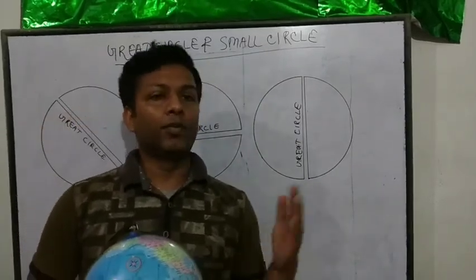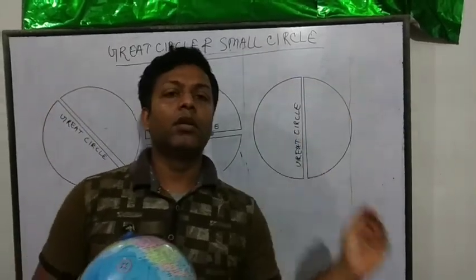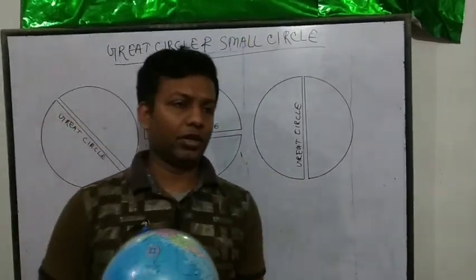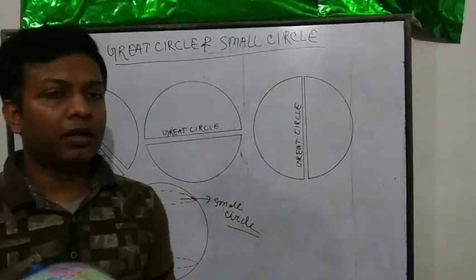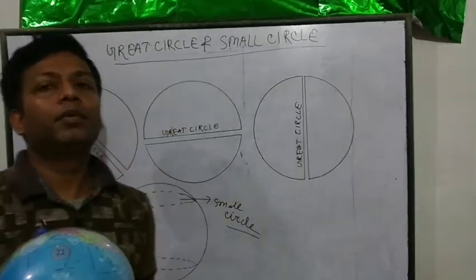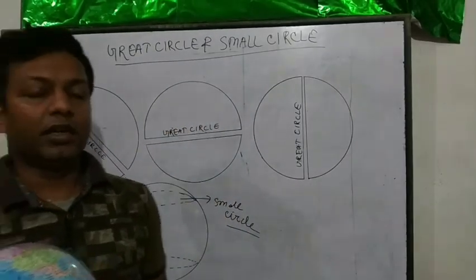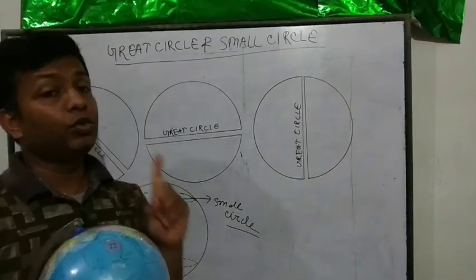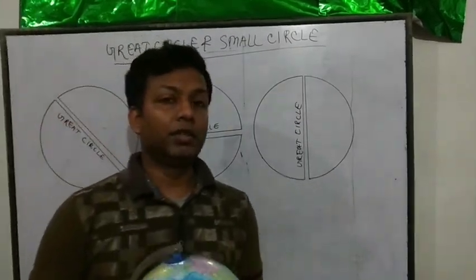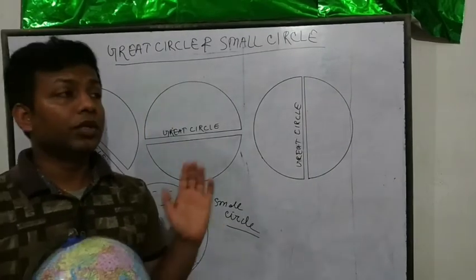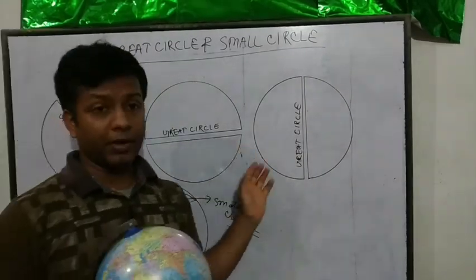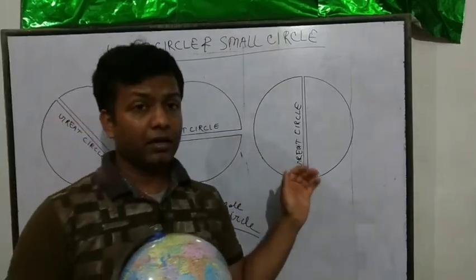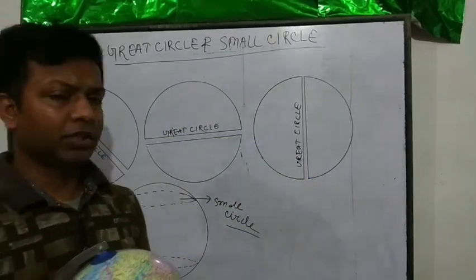Somewhere it is rivers, somewhere hills, plateaus, and like that structures. So it is not possible. So on land we have to go in a smaller circle or any other paths. But the use of the great circle is that. It is used in circumnavigation, navigation, air travelling. Okay? This is it.